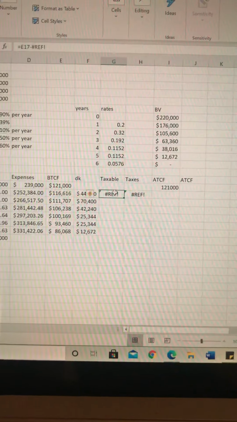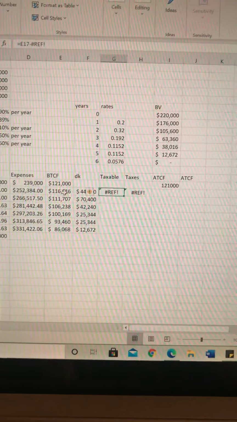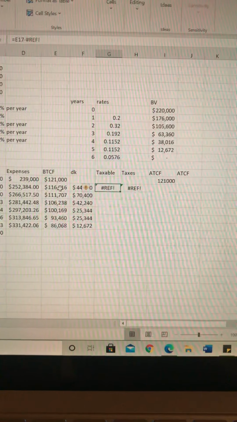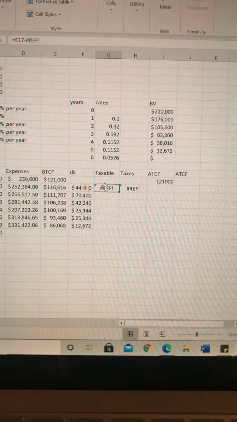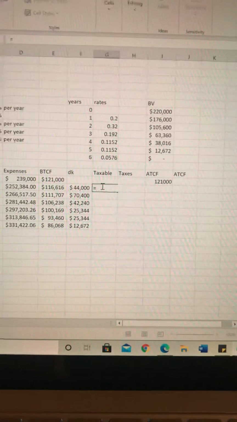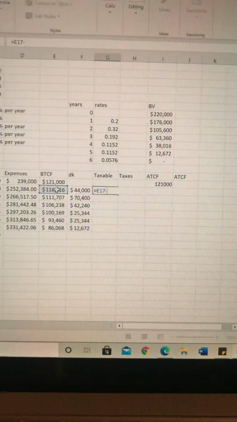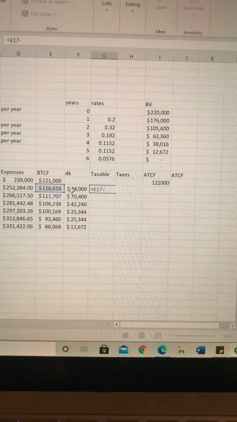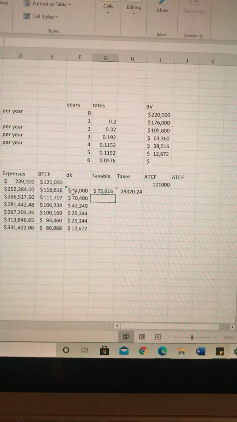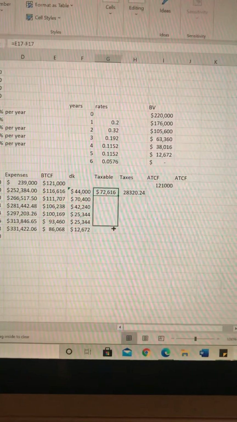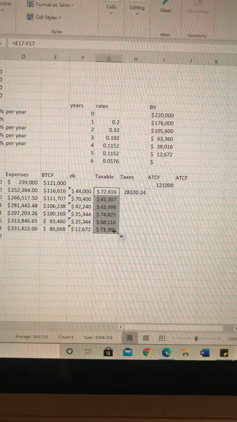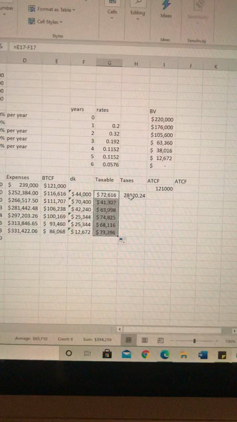To find the taxable amount, we're simply going to subtract the depreciation from the before tax cash flow for each year. We can drop that down. Okay.